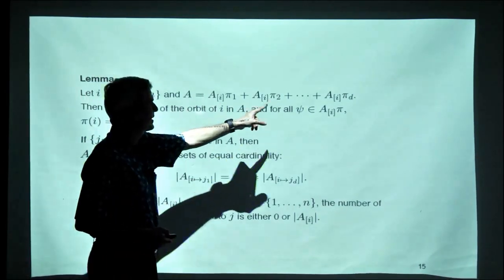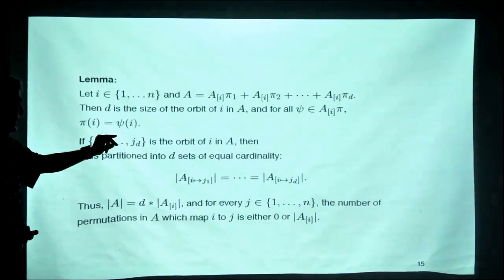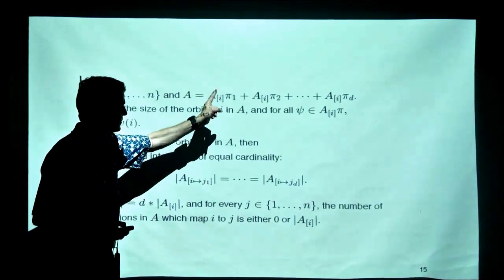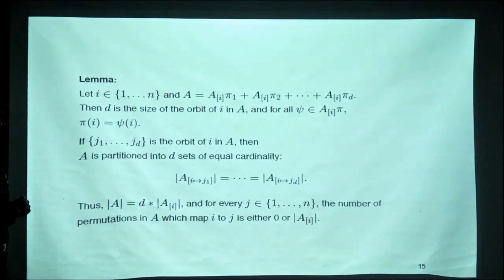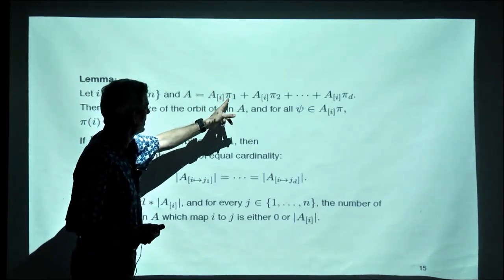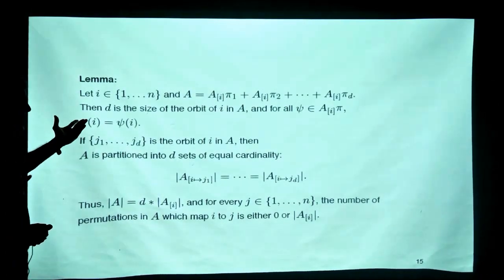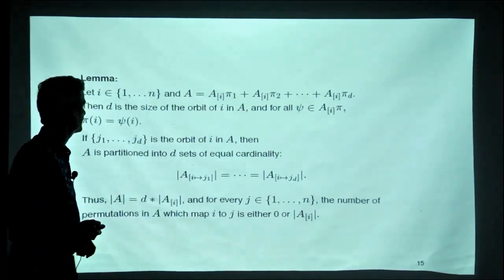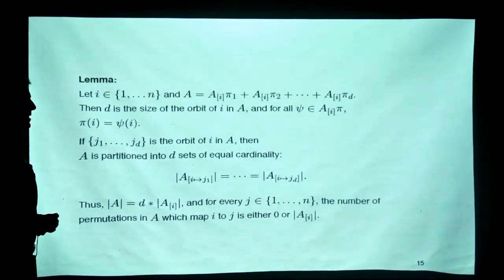There's D different cosets, and this number of cosets is the size of the orbit of I in A, so the set of points where I can map to. And in all these cosets, I is mapped to where pi maps it, because in this part I is fixed.